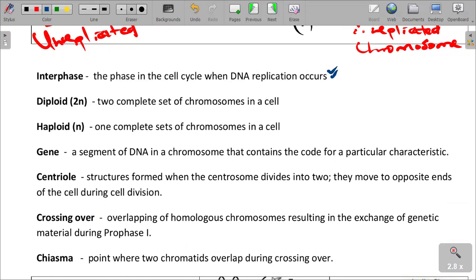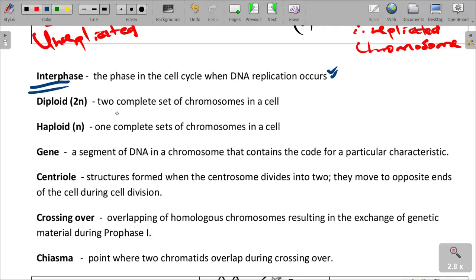You shall note that this must be taken note of again: which stage of meiosis does DNA replication take place? It takes place during interphase, and it is a stage in the cell cycle where there is multiplication of DNA. The multiplication has to increase the DNA contents to prepare for cell division. That is one thing, again, I want you to take note of.